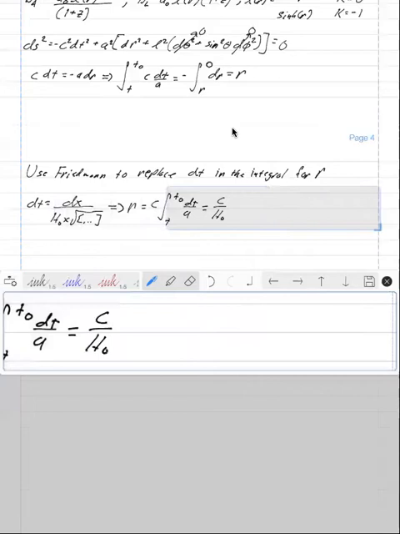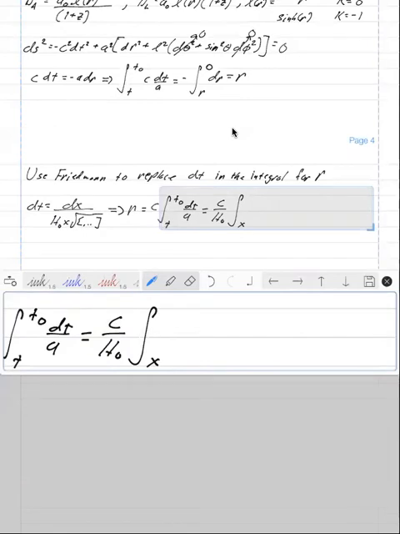There is that characteristic Hubble distance. And we're integrating from some distant place, r, or x in this case, to today, or 1.